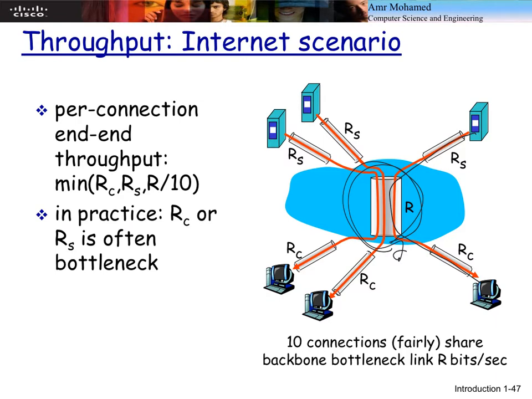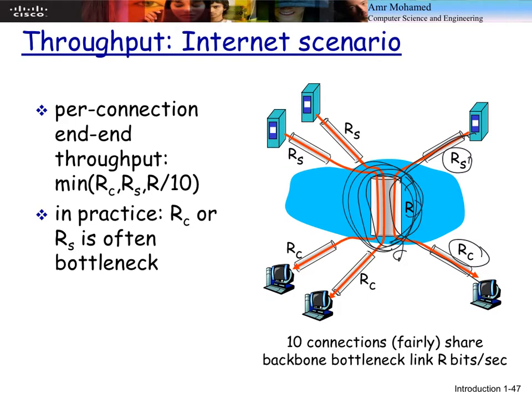So in that case, the average throughput of each end-to-end session will be dictated by, of course, RS or RC, whichever is smaller, or the shared rate across this shared link. This shared link is shared by 10 different sessions.